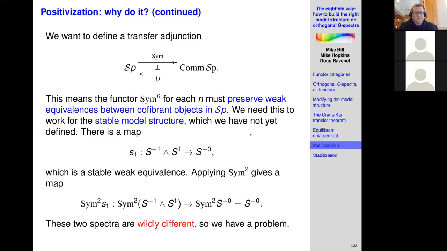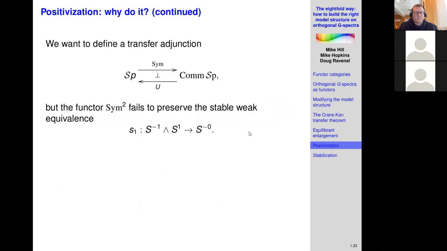Anyway, it's a completely different object. So the map that I get by applying the second symmetric product functor to this stable equivalence is not a stable equivalence at all. These two are wildly different, and this is a problem. This is a technical problem, and it was first noticed by Jeff Smith in the 90s. It's a problem that makes it tricky to define a model structure on the category of commutative ring spectra.